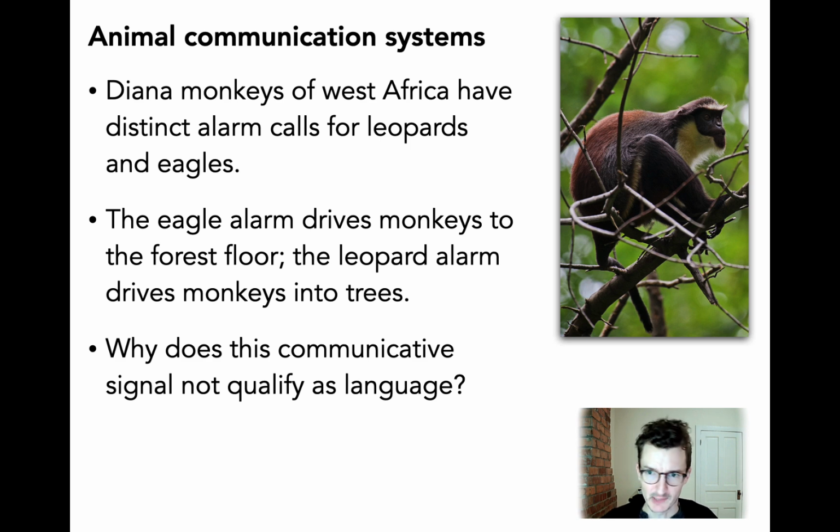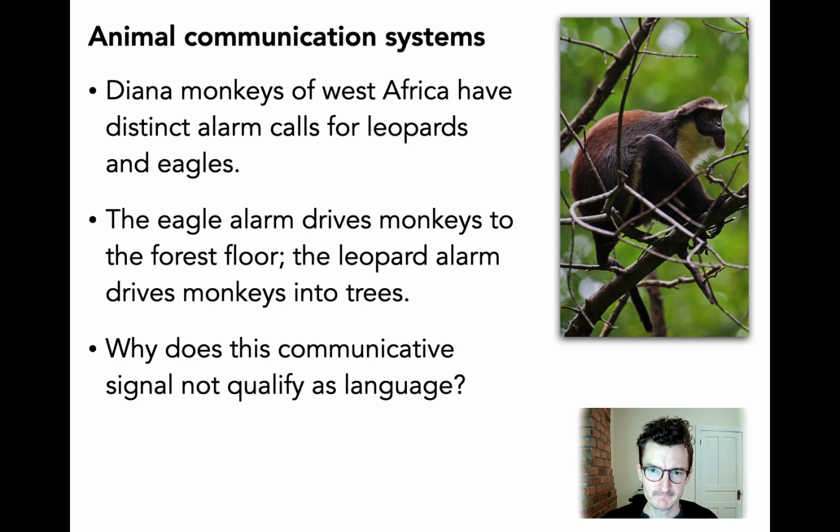So those are just a couple of critiques of communicative systems in animals. And once in a while, you'll listen to some podcast and they'll talk about how groundhogs have their own language or whatever. Prairie dogs, that's a popular one, the prairie dog language.